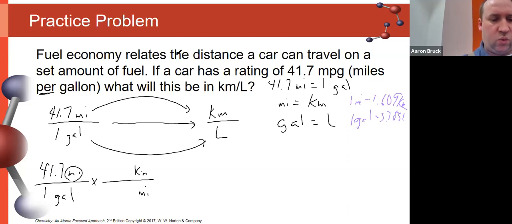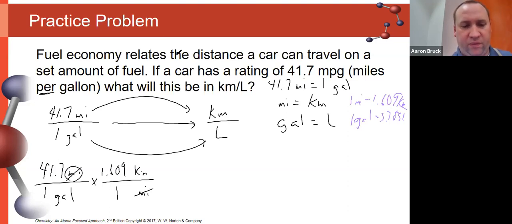The conversion is 1.609 kilometers for every mile. I can see I've got miles in the numerator and in the denominator, so they are going to cancel. The other conversion is gallons to liters. Here I have gallons in the denominator, so I want to put gallons in the numerator so that it cancels.